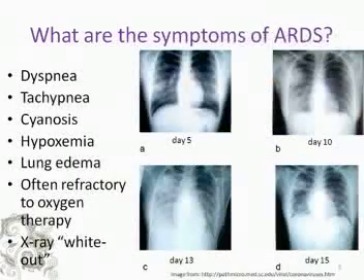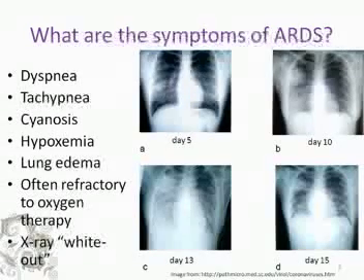What are the symptoms? We have a whole list, back to our first slide of this lecture, a lot of clinical terms: dyspnea, shortness of breath; tachypnea, rapid breathing; cyanosis, blue-purple coloration of the skin or the mucous membranes because the tissues near the skin surface are low on oxygenation.